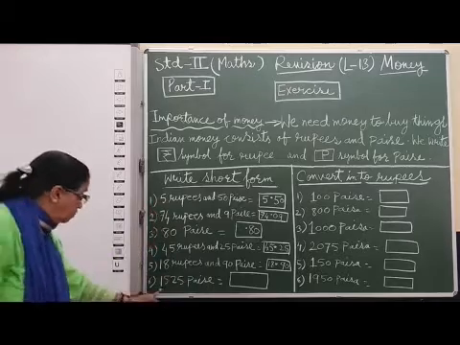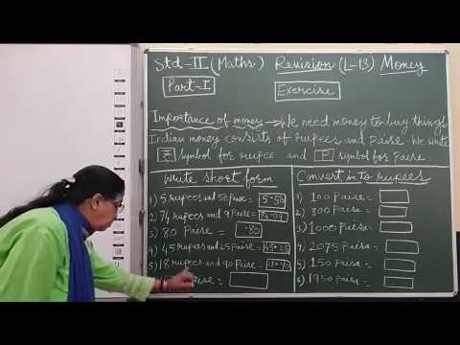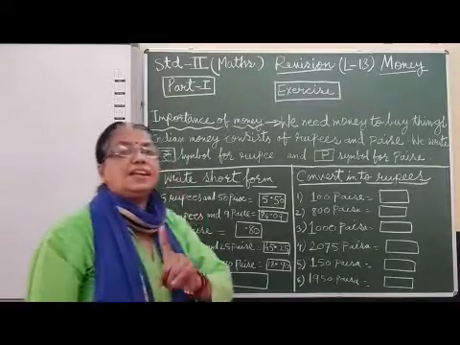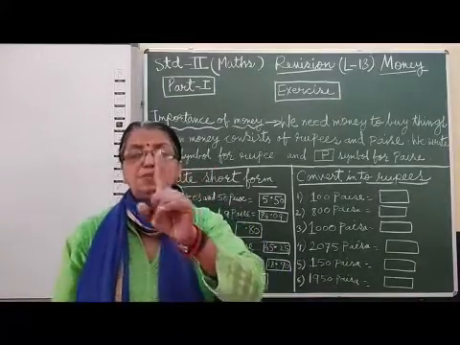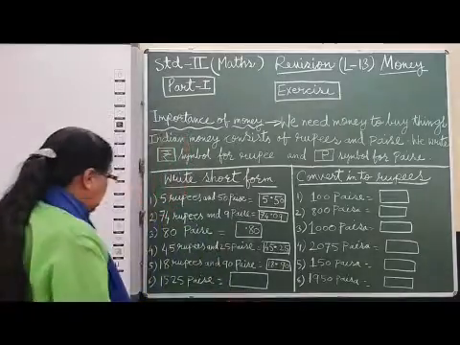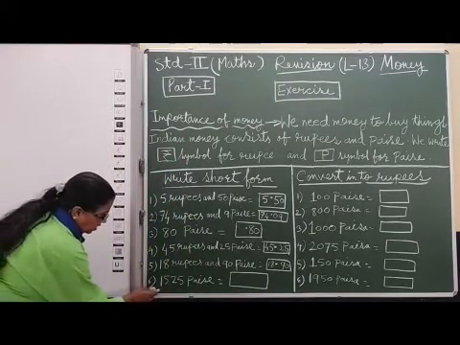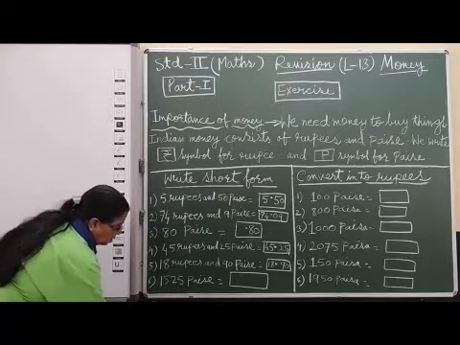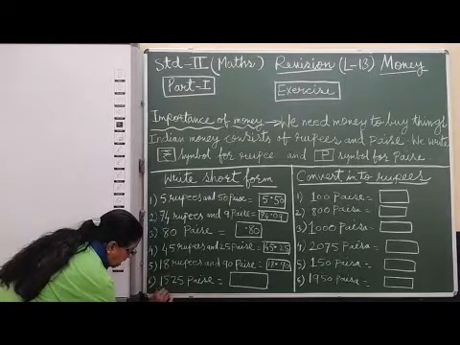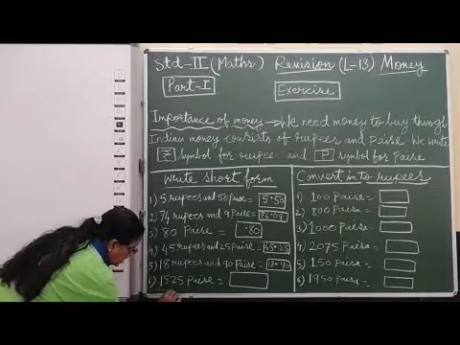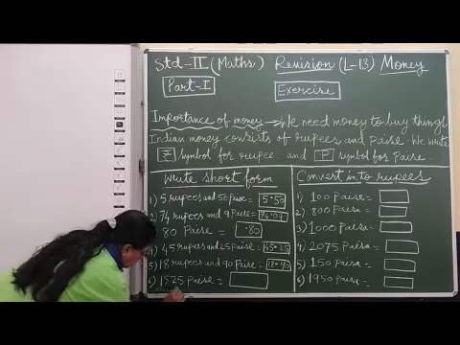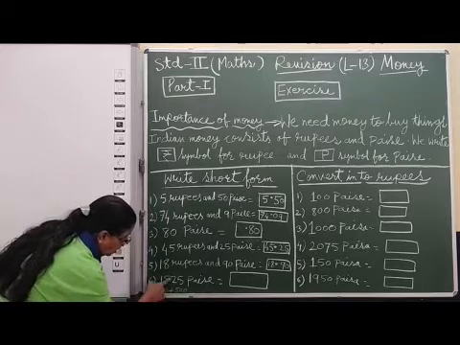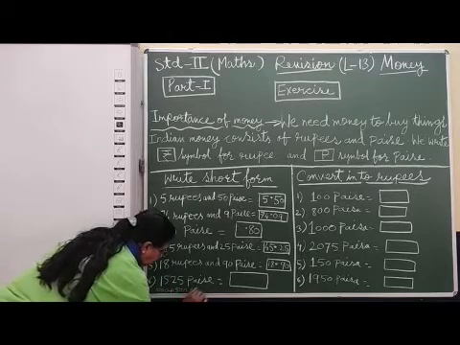Same way here, 15 rupees 25 paise. As we have learned, 100 paise make 1 rupee. That means 1 rupee is equal to 100 paise. Here 1000 paise plus 500 paise makes 1500, plus 25.